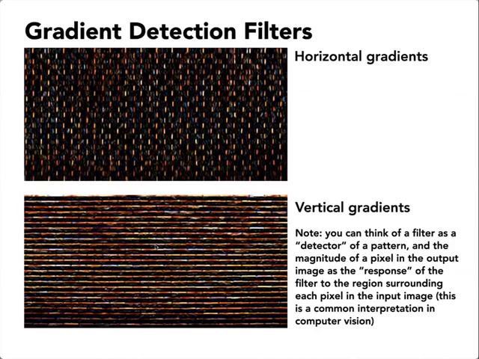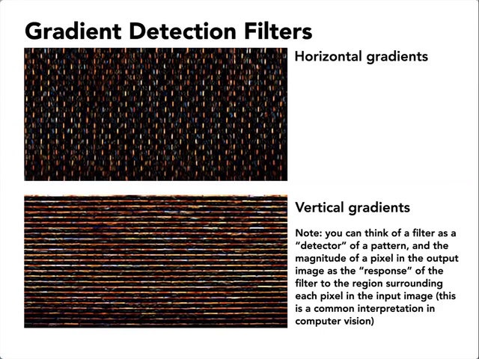Okay, so if it's bright in this output image, it means that in the input image, that same pixel location or the neighborhood of pixels around it responded a lot to that detection kernel. And the detection kernel in this case, in this bottom image, is a vertical gradient detection filter.